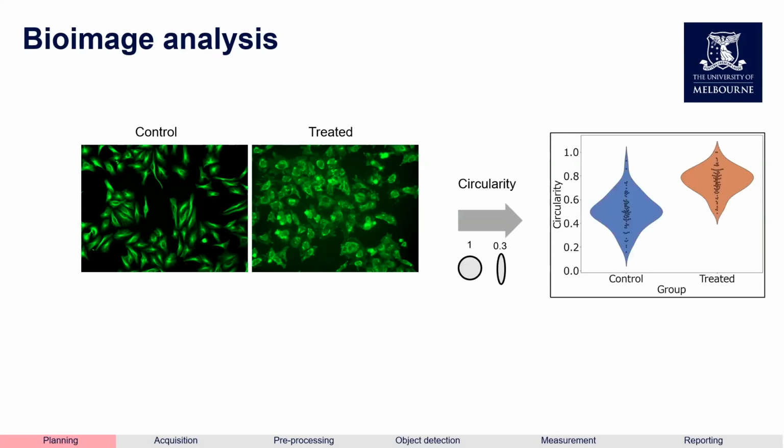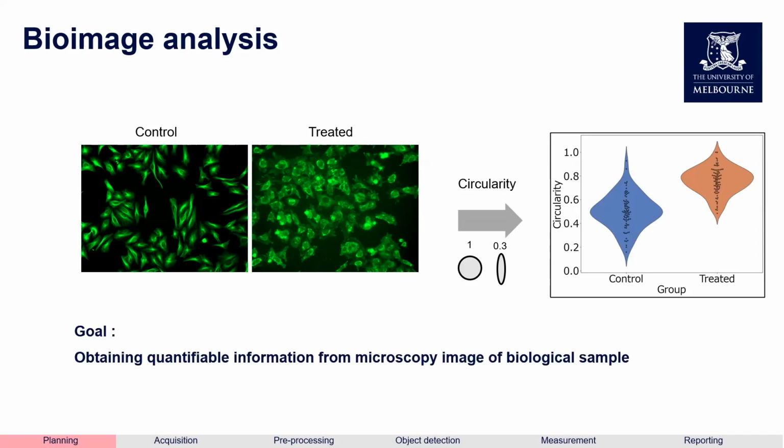One useful measure is circularity, where a value of 1 means a perfect circle, and closer to 0 means it's more elongated. Once we measure circularity for each cell, we can then plot the values and run statistics. This is pretty much the goal of bioimage analysis: to obtain quantifiable information from microscopy images of biological samples.